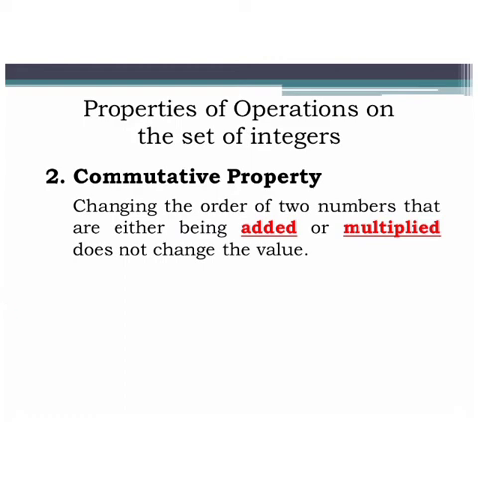Alright? So, it's very clear here. May dalawang operation po tayo ditong involved, and that is addition and multiplication. Ibig sabihin guys, ang property na ito is only applicable for addition and multiplication. So, hindi po natin pwede i-apply ito sa subtraction at saka sa division.